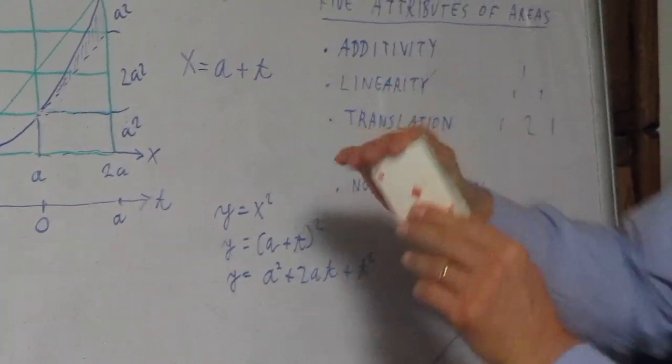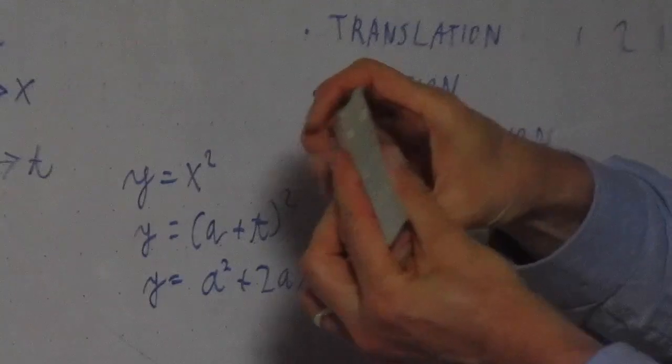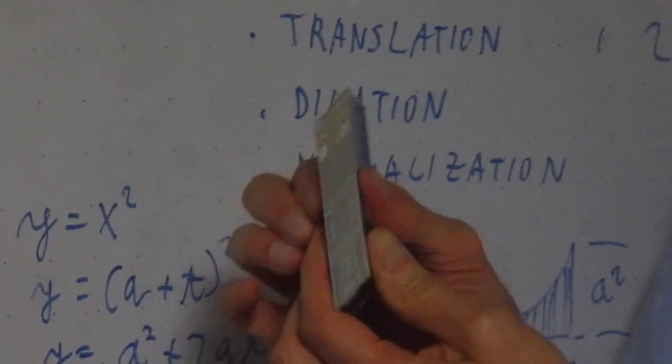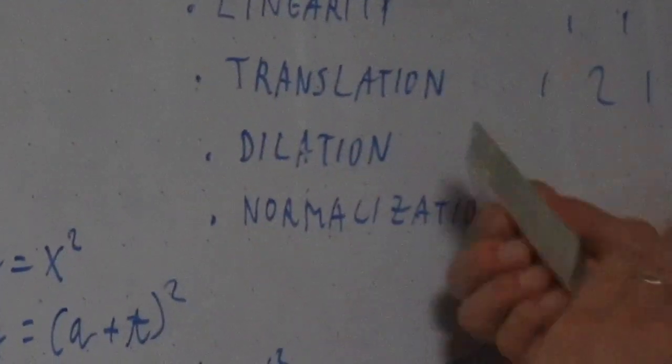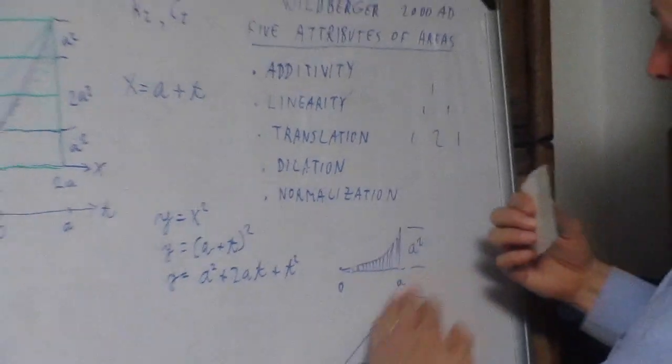It has even volume, right? But let's just focus on the area itself. And now I shift it like this. Has the area changed? No. That's Cavalieri's principle. And it doesn't have to be a nice, pretty shape.